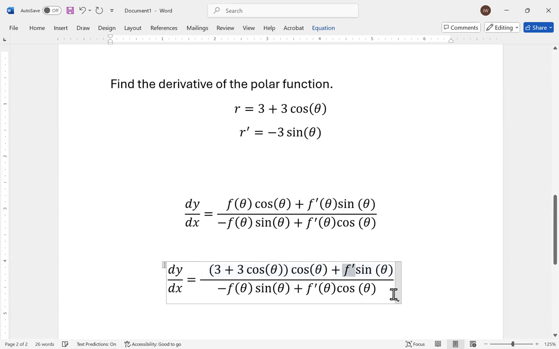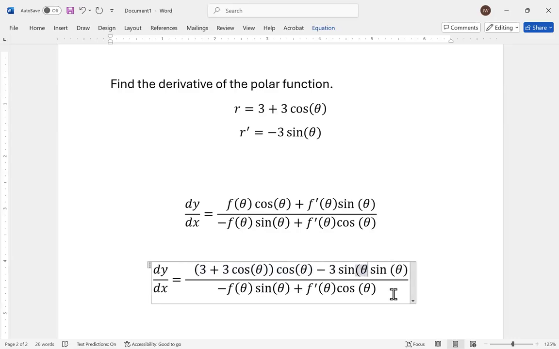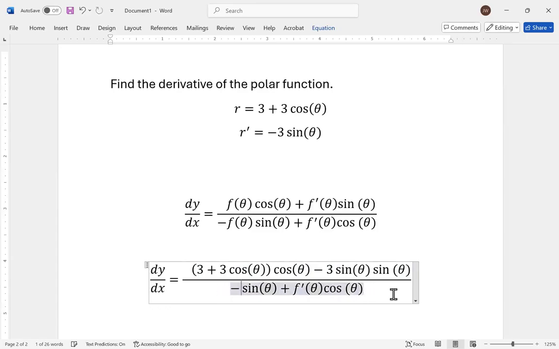So this is minus 3 times sine of theta as my derivative. In the denominator, negative f of theta turns into negative, 3 plus 3 times cosine of theta. And then the derivative obviously is a minus 3 times the sine of theta.